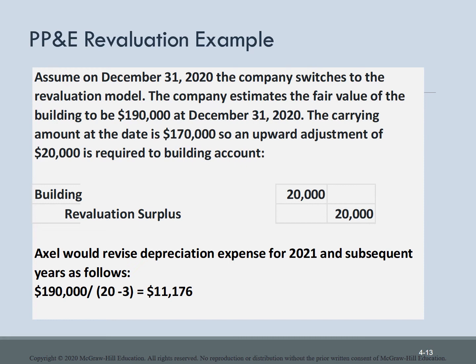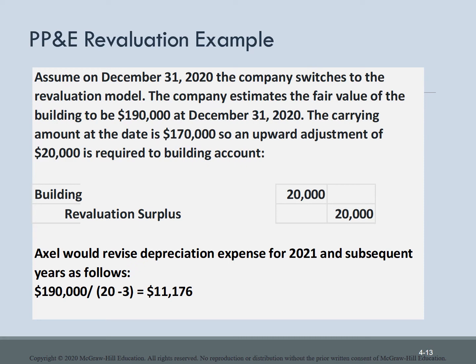All right, so the $190,000, once again, if you've got T accounts, your building account had a $200,000 debit balance. You just debited it for another 20, so your balance there is 220. What's in accumulated depreciation right now is $30,000.